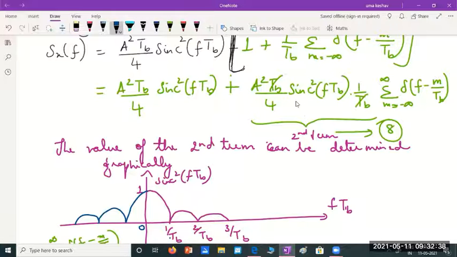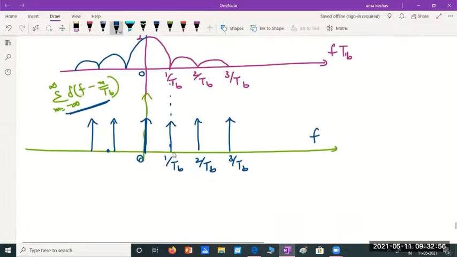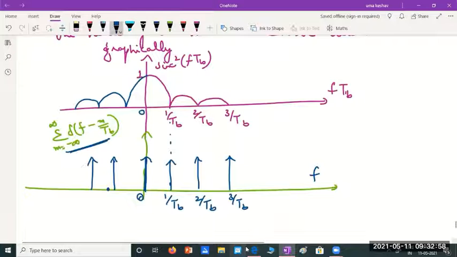It is the product of sinc square FTB with this delta function. Okay, the magnitude will be a square by 4, but otherwise this sinc square FTB gets multiplied with this summation of impulses. So can I multiply these two easily from these graphs? What do you think you would get the result? Somebody tell me.